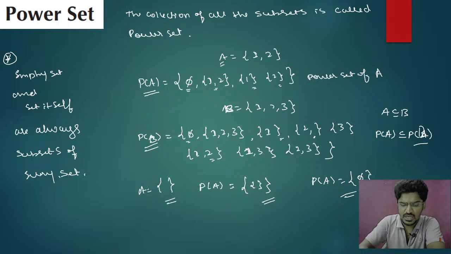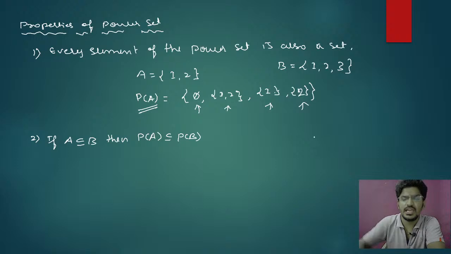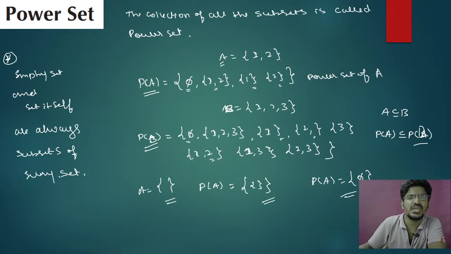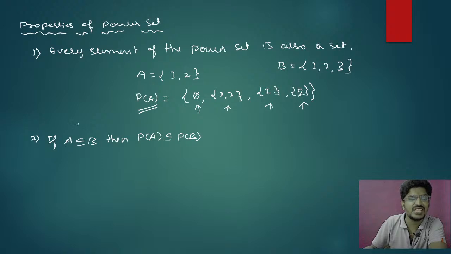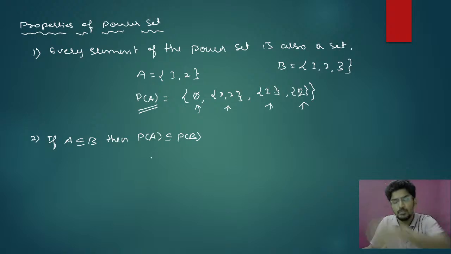That means each and every element of P of A is present in P of B. That means you can understand that if A is a subset of B, then the power set of A is also a subset of the power set of B.